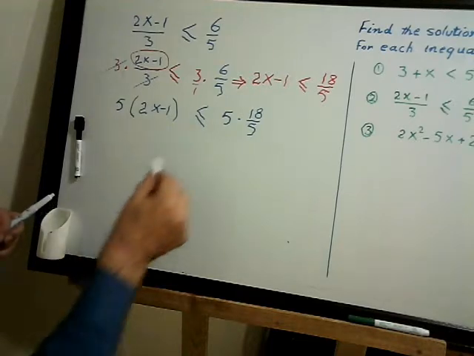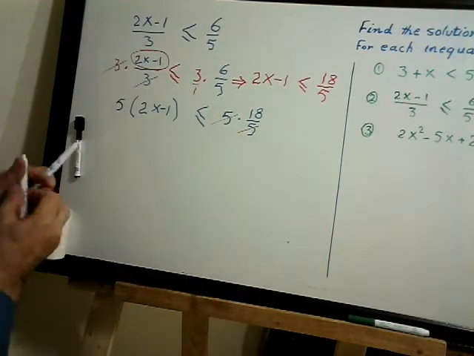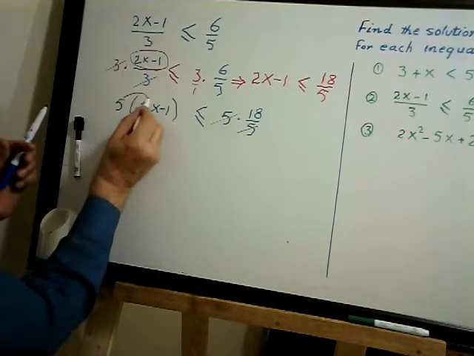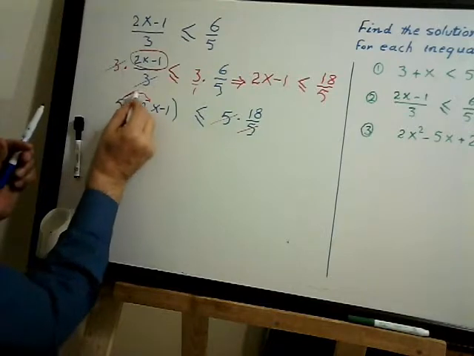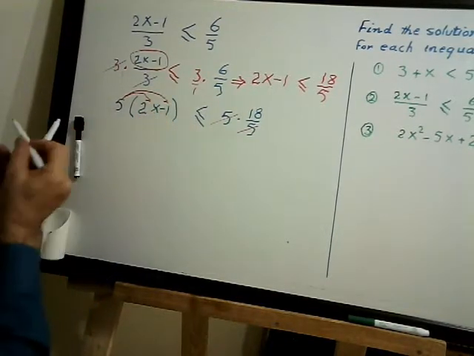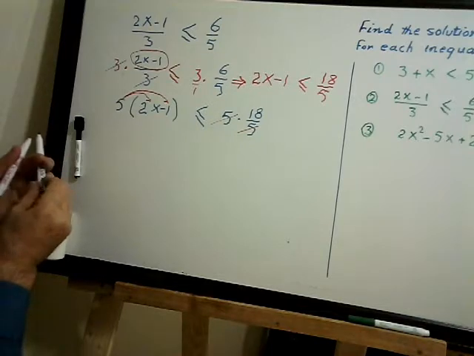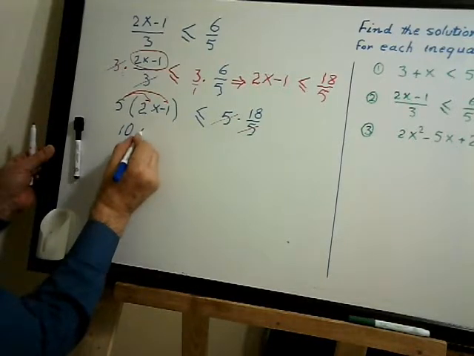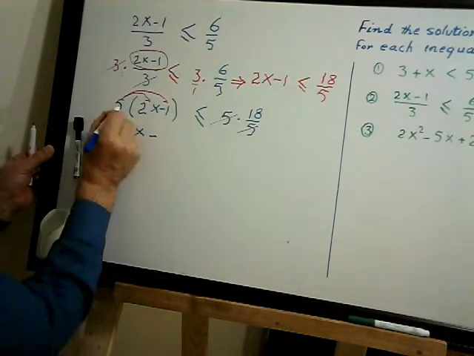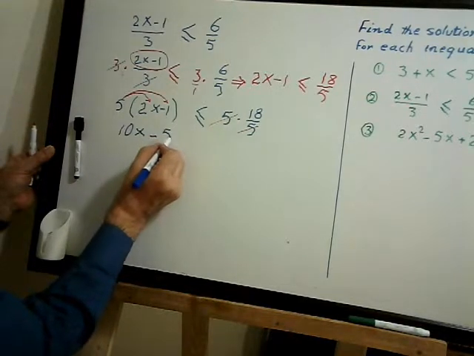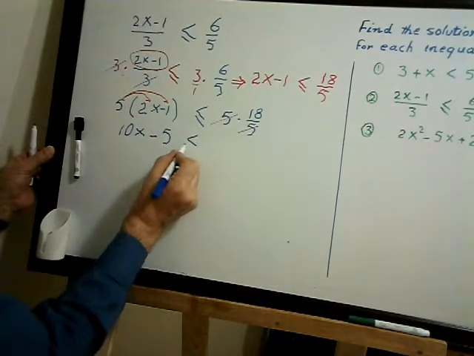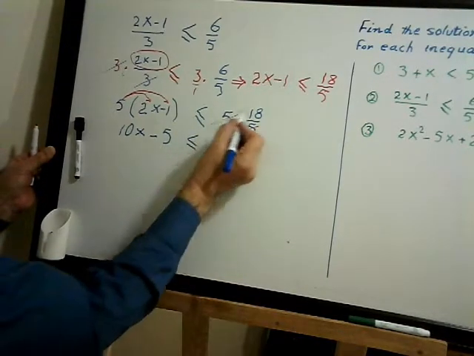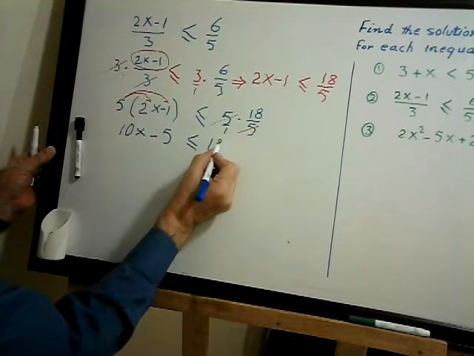So we can cancel 5 and 5 here, and we multiply this 5 by 2x and also by negative 1. The result here will be 10x minus 5 times 1, which means minus 5, is less than or equal to 5 over 1, so it's just 18.